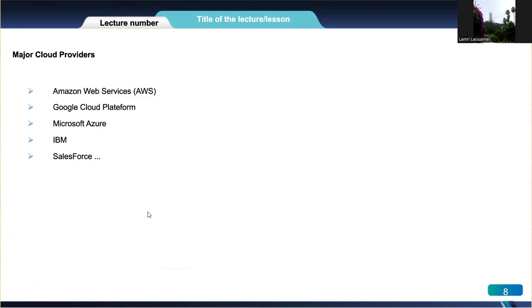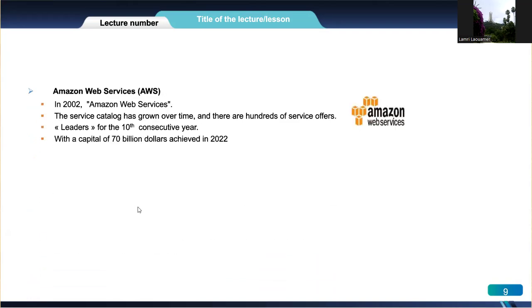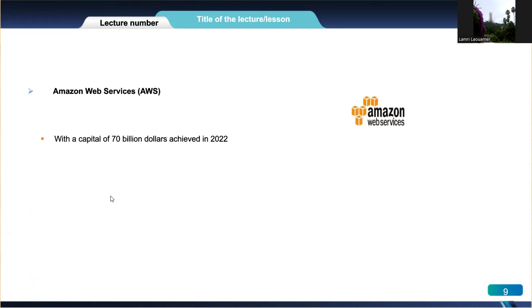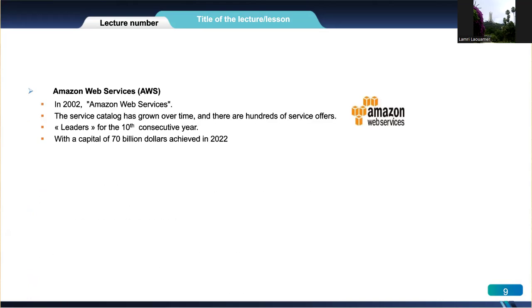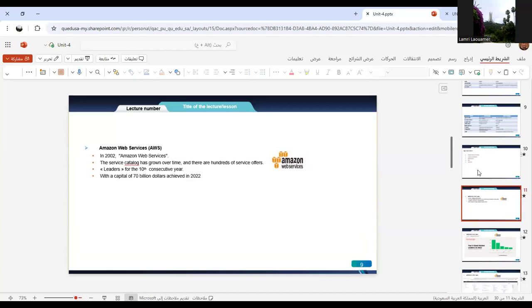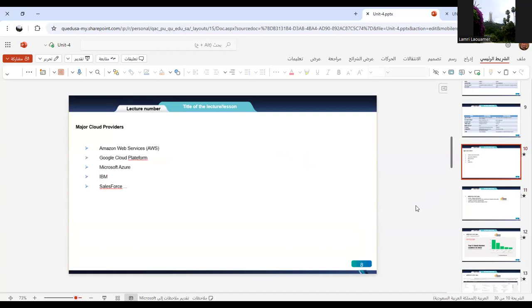Let's now talk, in the second part of this chapter, about some major cloud providers, such as Amazon Web Services, Google Cloud Platform, Microsoft Azure, IBM, and Salesforce.